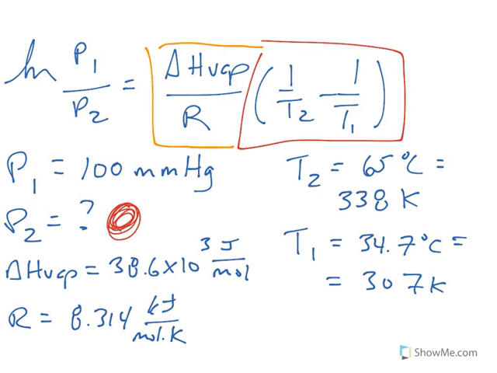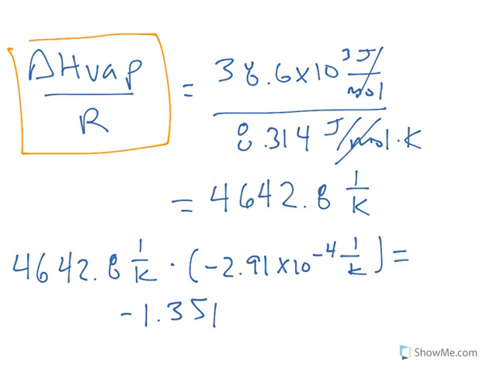All right, so where are we? We now have taken care of the entire right side of the equation, and we've gotten a number. Again, carrying that 1 over K unit is kind of annoying, so it's easier just to take this number here. It's negative 1.351. That's the right side of the equation.